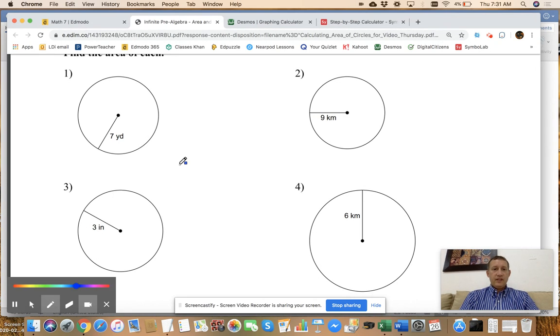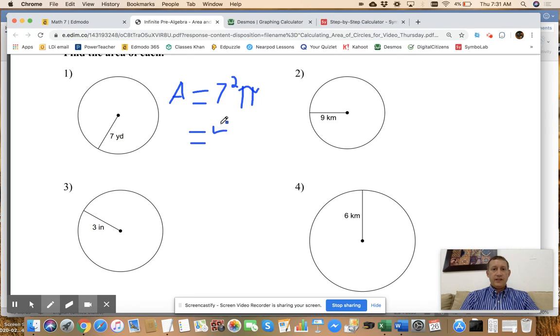Okay, so the area is going to equal just simply 7 squared times pi. So the answer that you'd write would be 49 pi. By the way, I don't mind if you use a calculator.